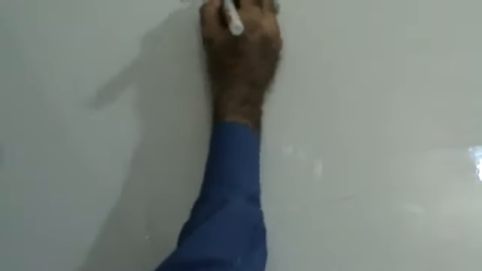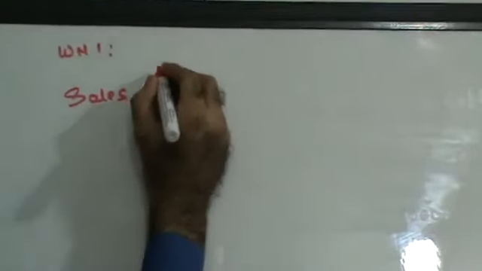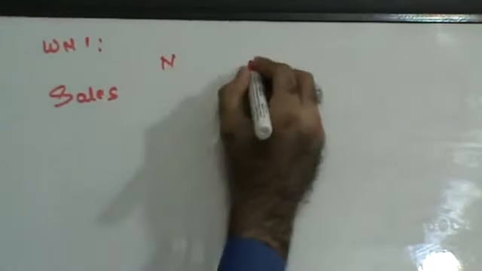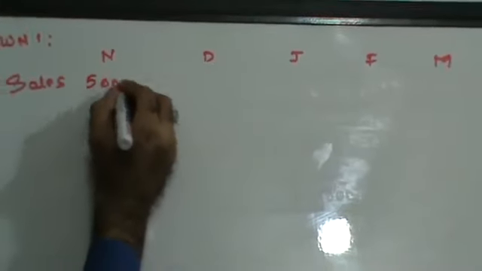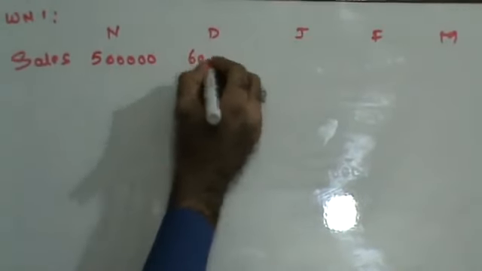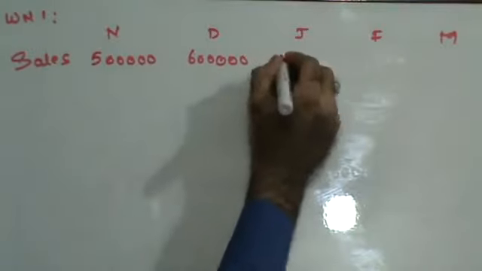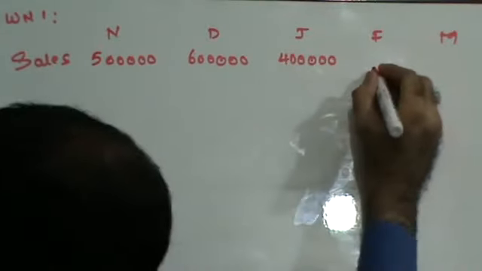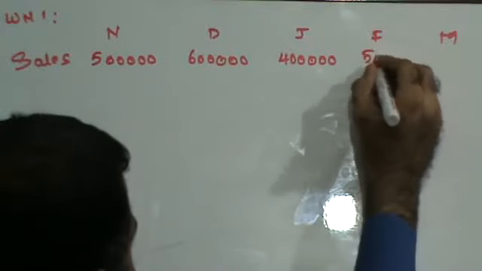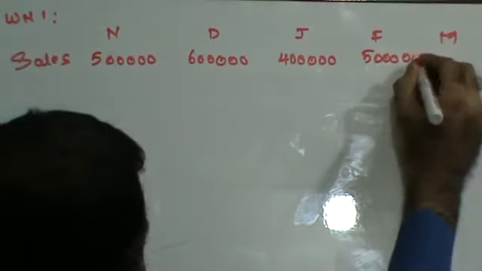Working note 1. Let's consider sales. They give you data for November, December, Jan, Feb and March. The data is 5 lakhs, 6 lakhs, 4 lakhs, 5 lakhs and 6 lakhs.